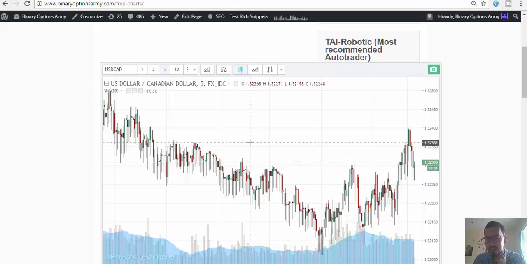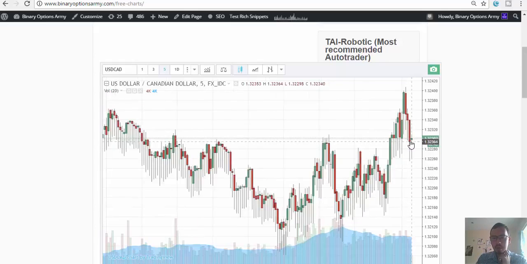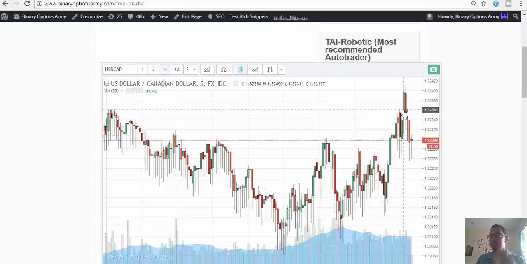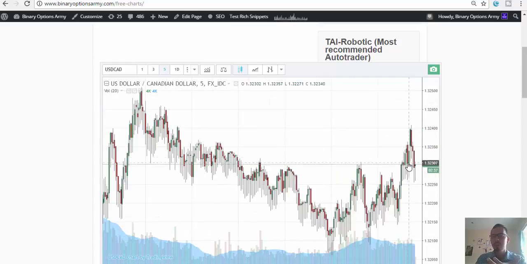But you see the candle opened and closed on the line. The candle did not open above our resistance level. This is our level right here, and the candle opened and closed on our resistance line, which means that this is not our support.